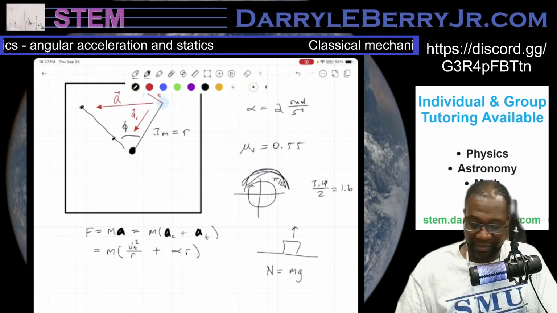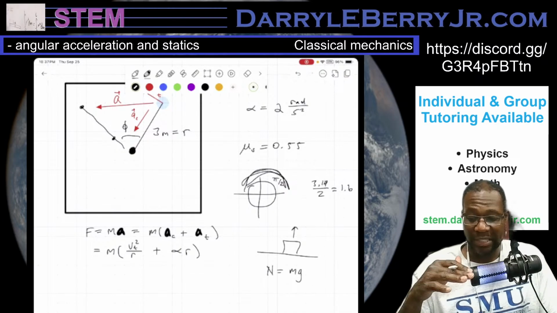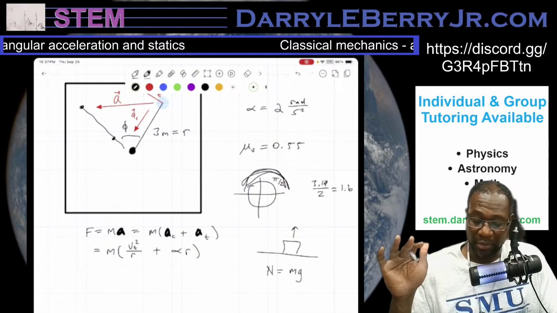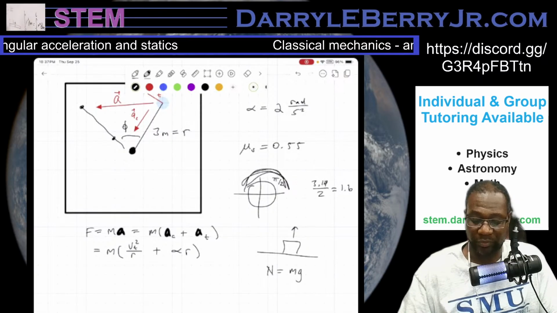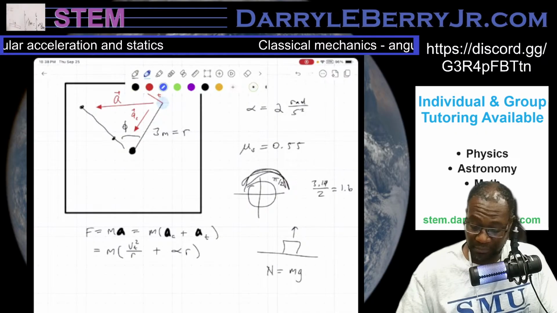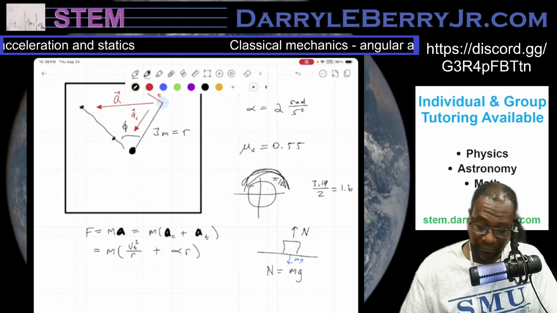This is Newton's third law, if I recall, an equal and opposite force. If there's a force pushing on an object, that object is always pushing back equally. So basically this is mg, and this would be N.